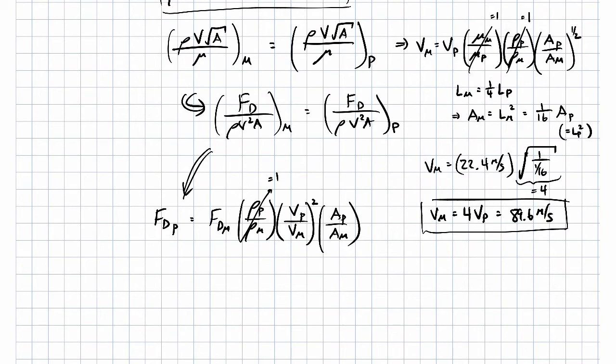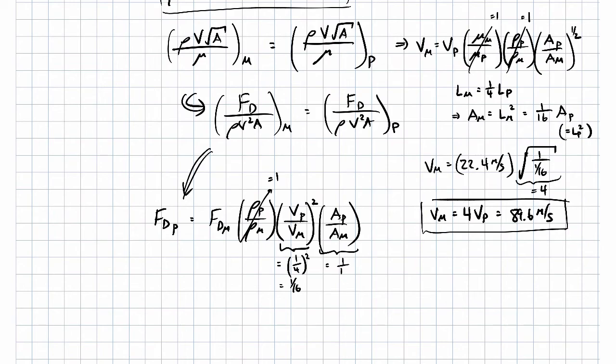Well, again, we're using the same air, so the density ratio is equal to 1. We just found the ratio of velocities, so that'll be 1 over 4 squared, or 1/16. And then the area ratio, we also talked about that over here.